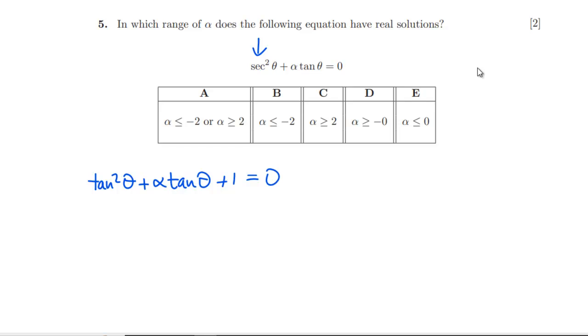So we need that b squared minus 4ac is greater than or equal to 0. So our b squared, that means we've got to have alpha squared minus 4 greater than or equal to 0. So that is going to be A again.